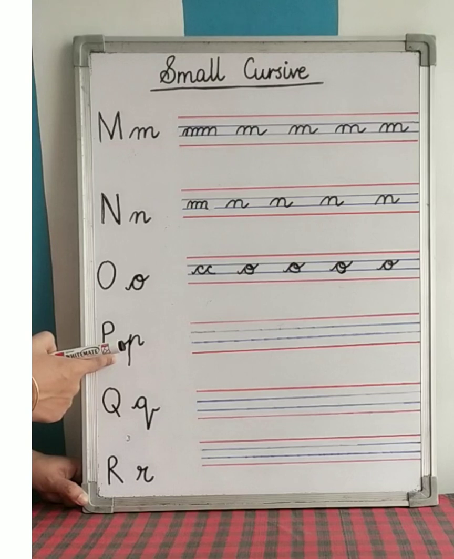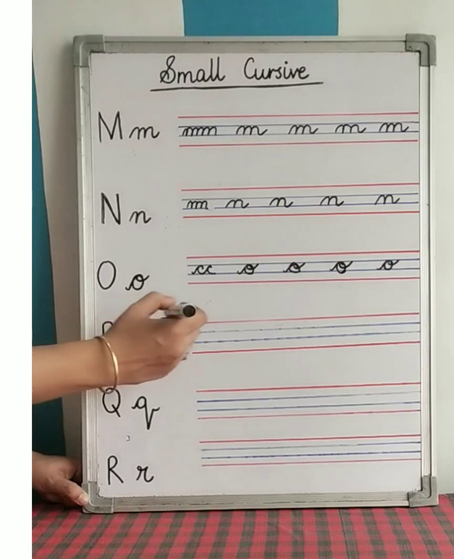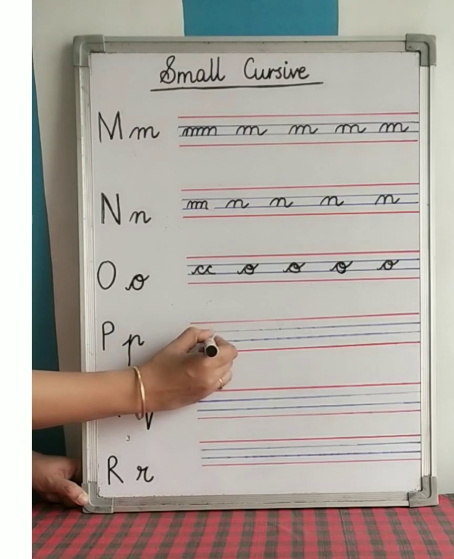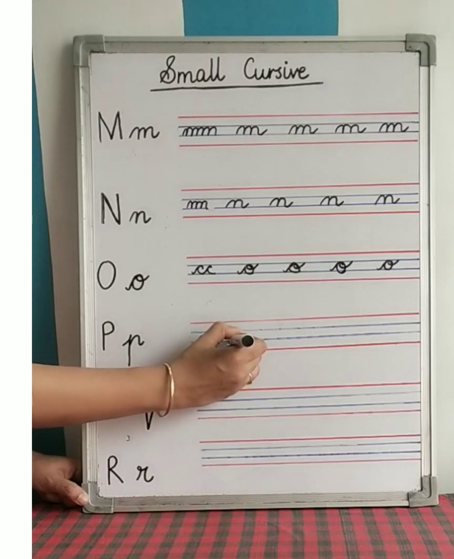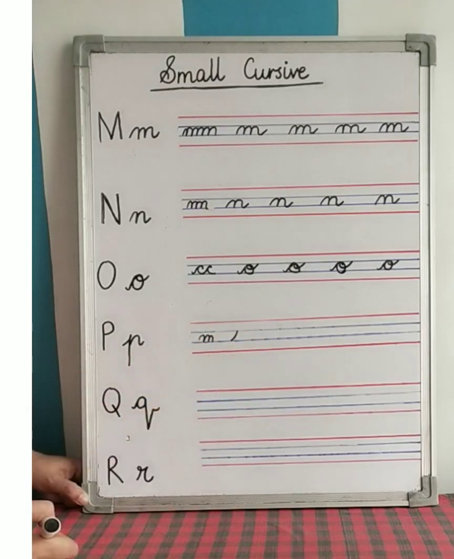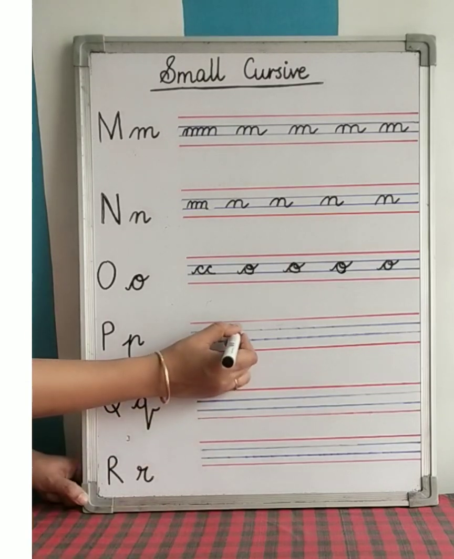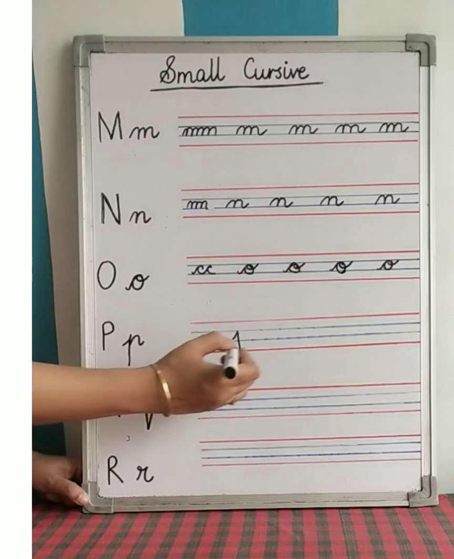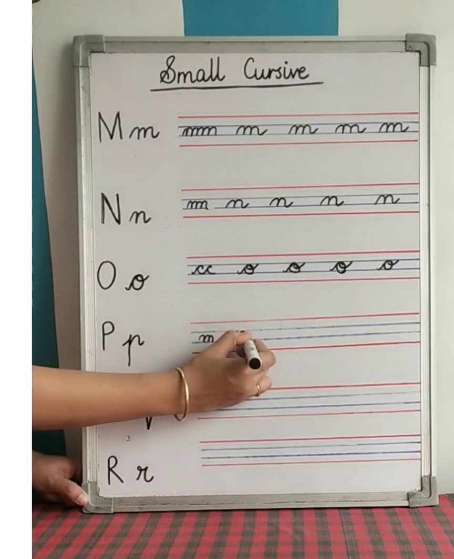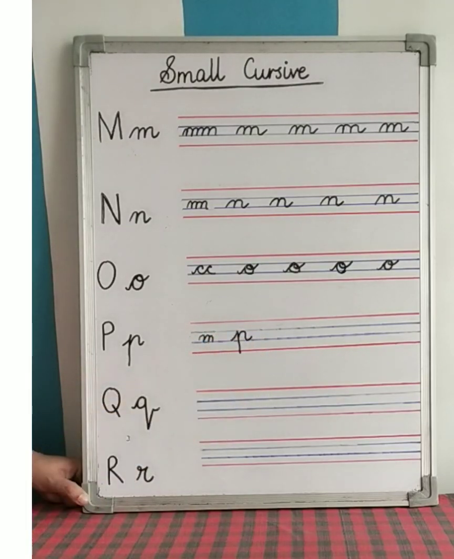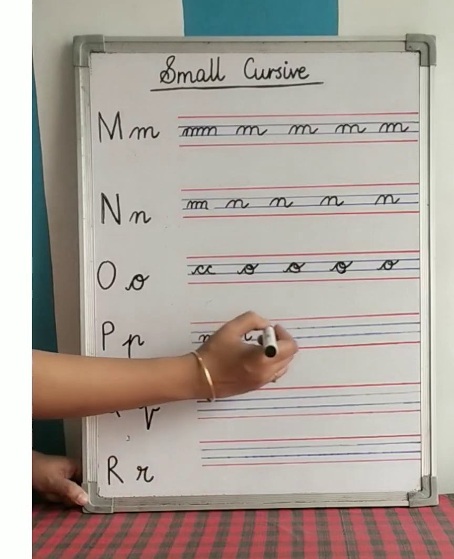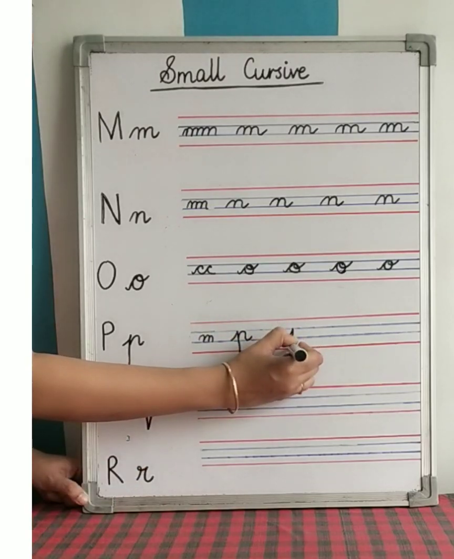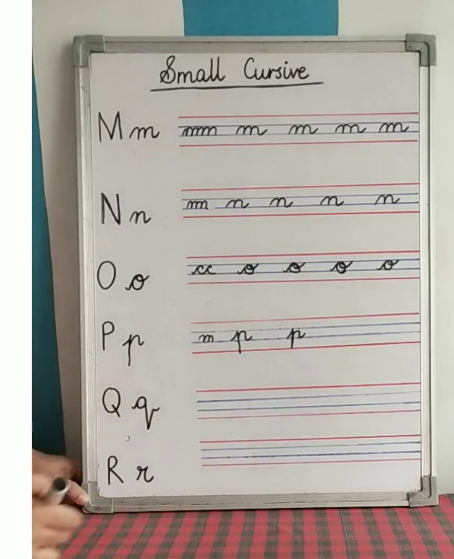Now the next is small cursive P. So students, if you see, small cursive P is like small cursive N. It is based on the same pattern. First we will draw a slanting line, a standing line extending till the bottom red line, and a pattern like N forming a tail.